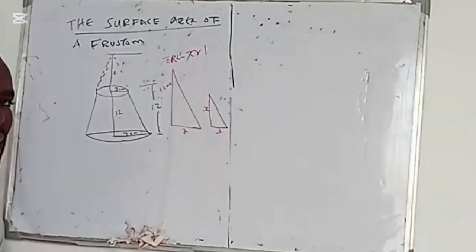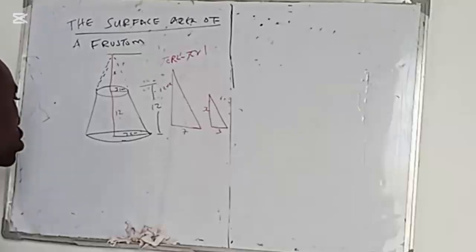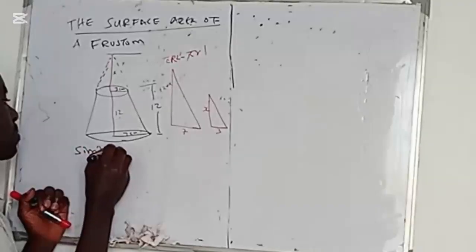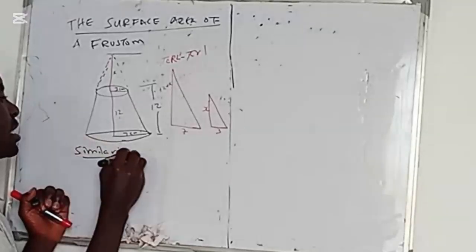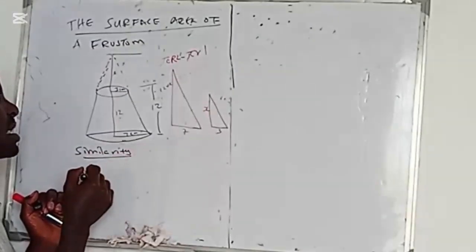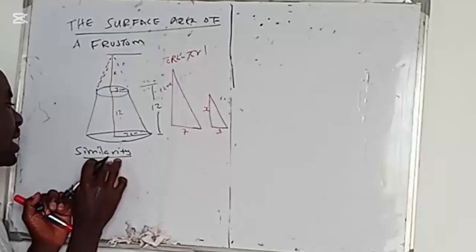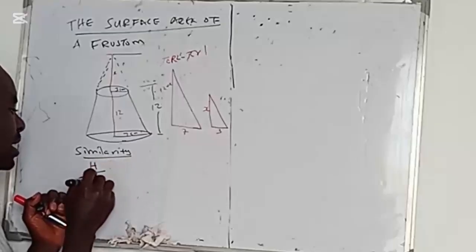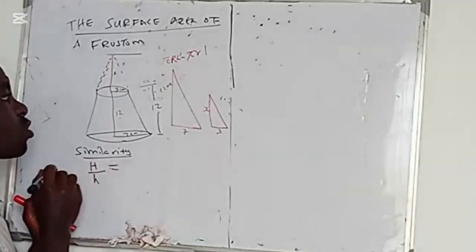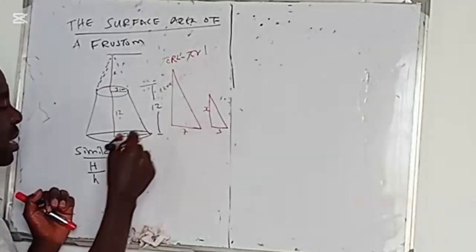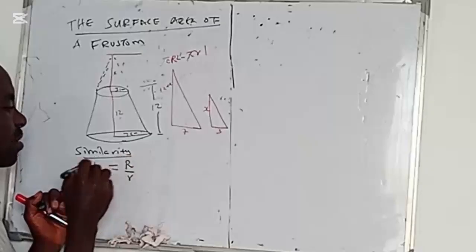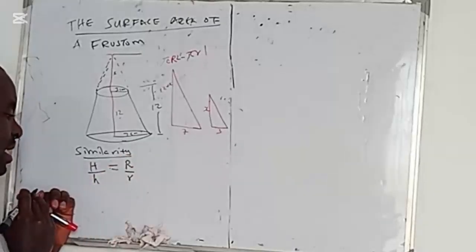If we look at them, the shapes are the same. They have similar shapes. So we use the method of similarity to compare them. For similarity, if we compare the big height to the small height, it should be equal to the big radius over the small radius.